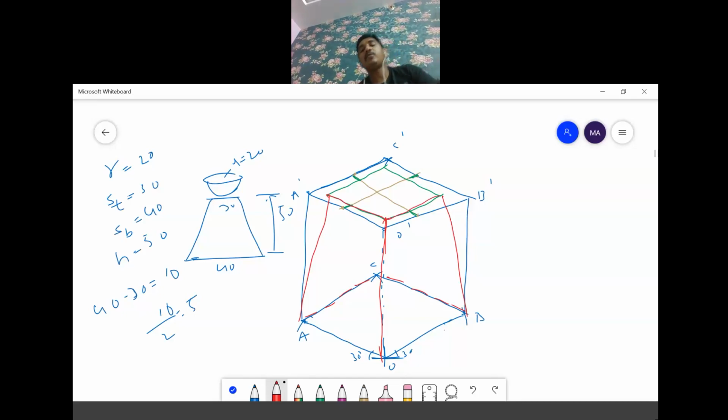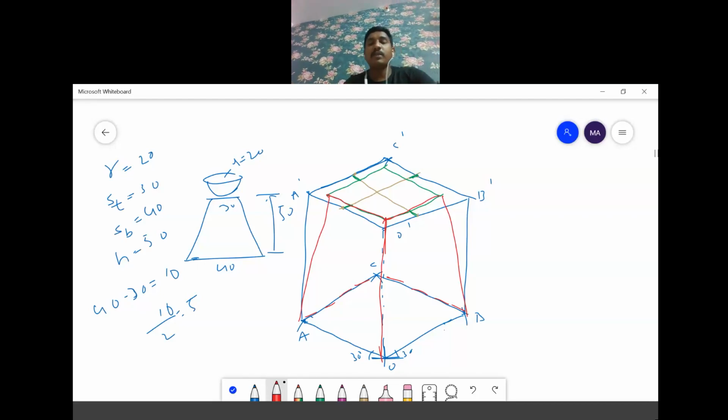Then I have to draw a hemisphere on top of this frustum of a square pyramid. For drawing the hemisphere you have a separate procedure. Up to here it is clear. In the previous problem also you used the same procedure for drawing the frustum of a square pyramid.